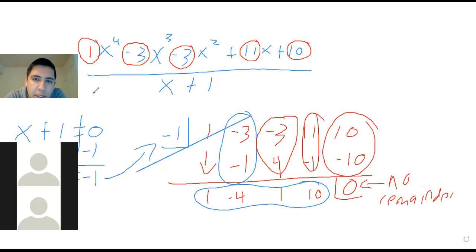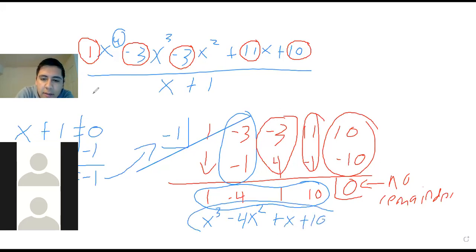So all we're going to do is rewrite this. But instead of having an exponent of 4, we're going to go down an exponent, down to 3. So our answer should be x to the power of 3 minus 4x squared plus x plus 10. And that's it.